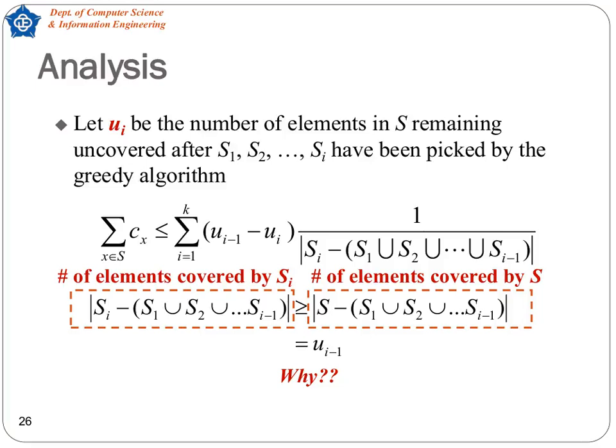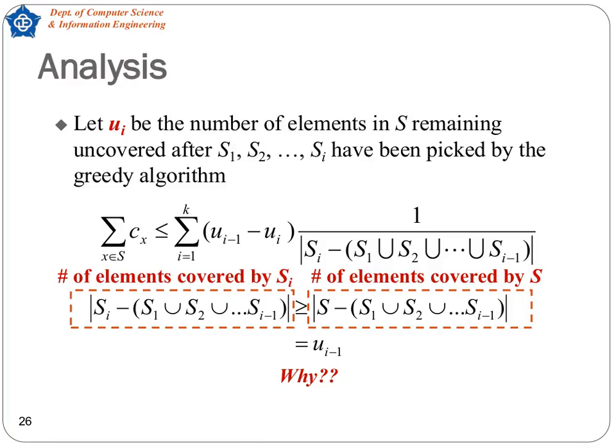At the ith step, the algorithm selects set S_i, which covers exactly u_{i-1} minus u_i new elements. We then charge each of those newly covered elements a share of the set's cost, namely 1 over the size of S_i minus the union of earlier sets. Here's the key insight. In every round, the greedy choice S_i covers at least as many uncovered elements as any other candidate set S could at that moment.